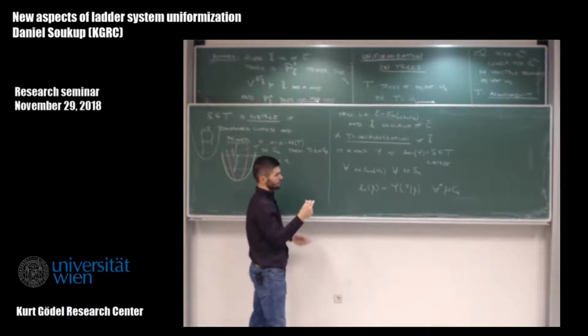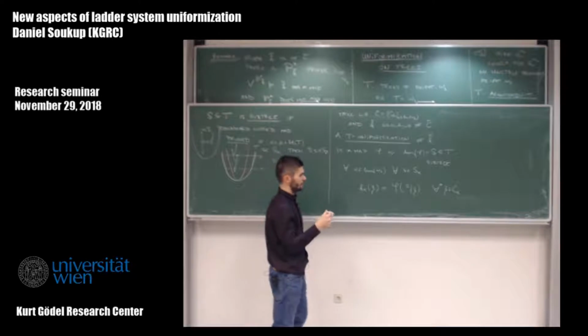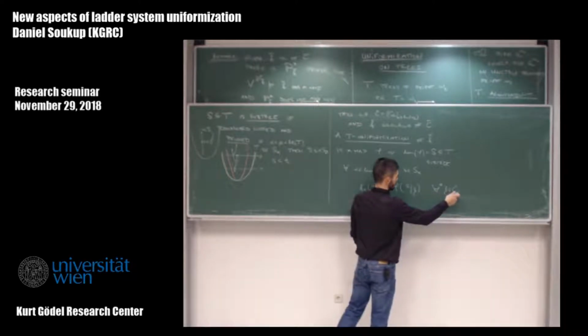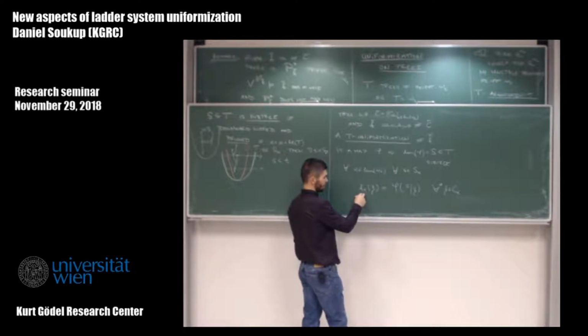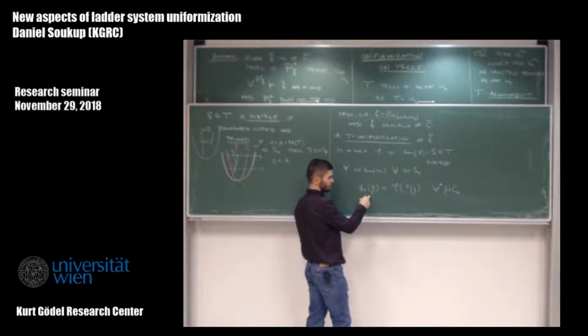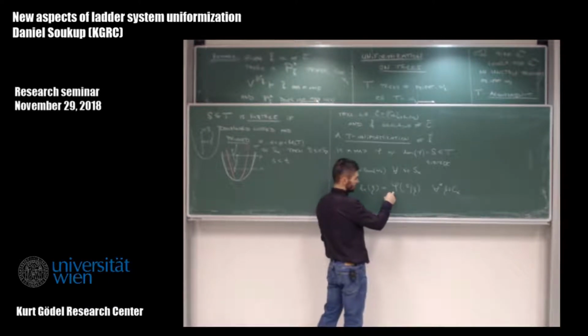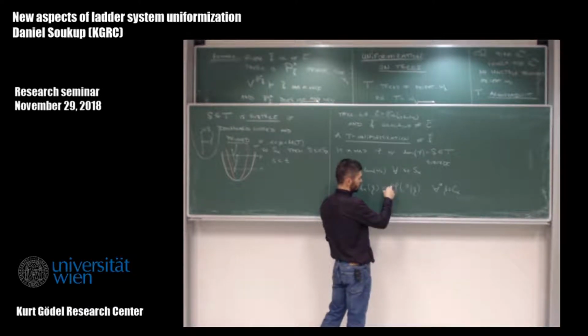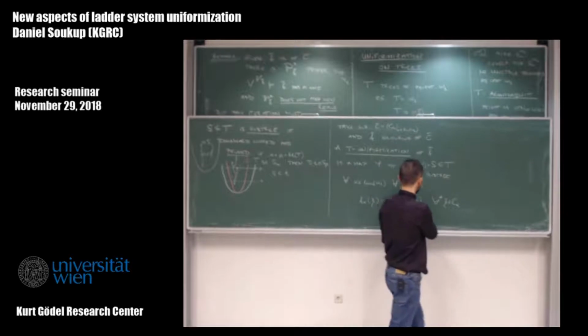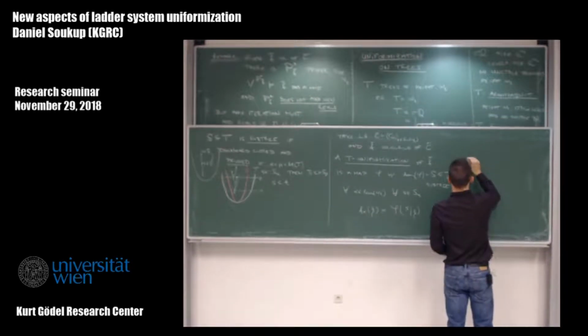So for all but finitely many psi in the ladder going up to alpha, if I read off the value in the local coloring, that's the same as reading off the value of phi, the global coloring, on the branch given by s at the right level.